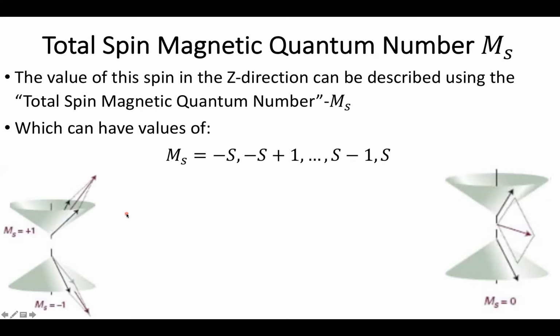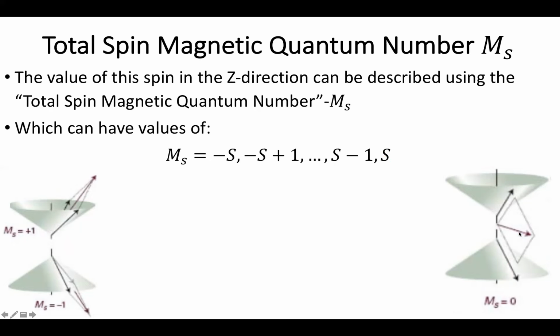But the major idea is that if I have two unpaired electrons and I have a maximum total spin number of 1, I can either have both of my spins pointed up, both of my spins pointed down, or one spin pointed up and one spin pointed down, but I still have a net angular momentum.